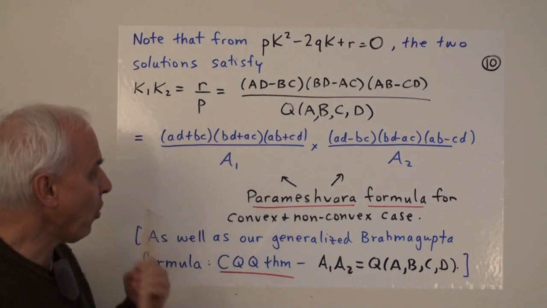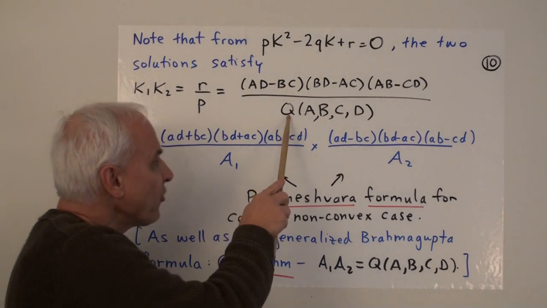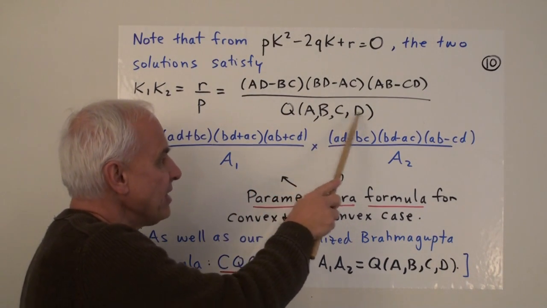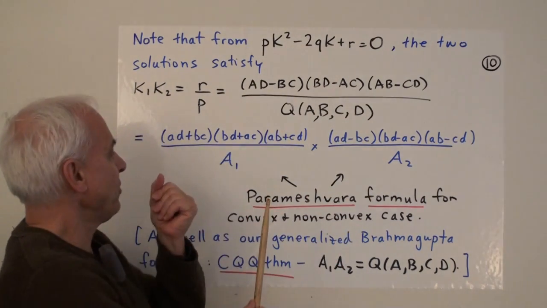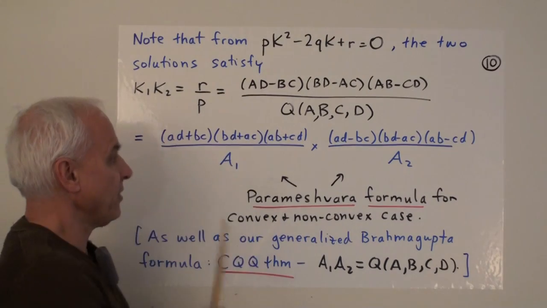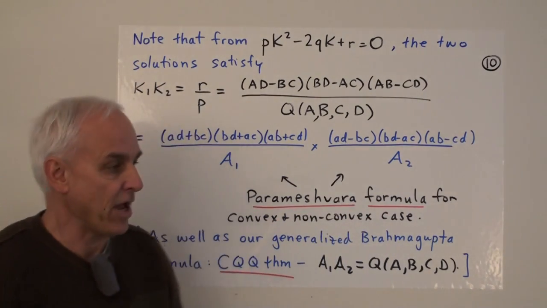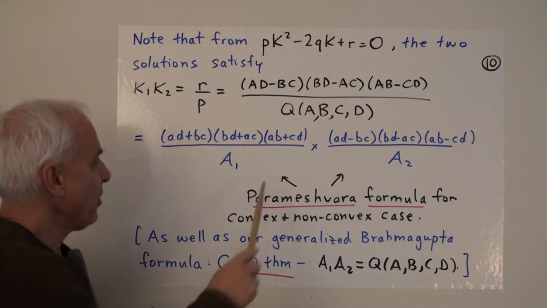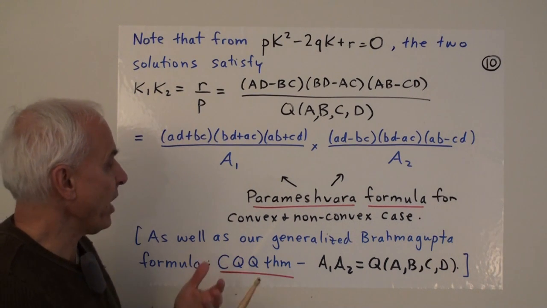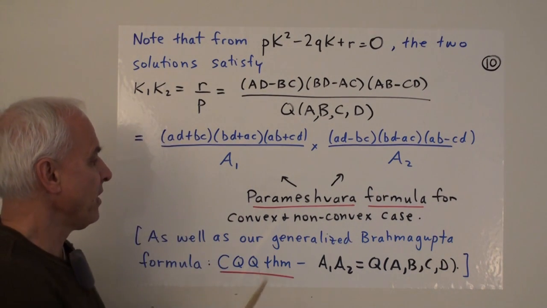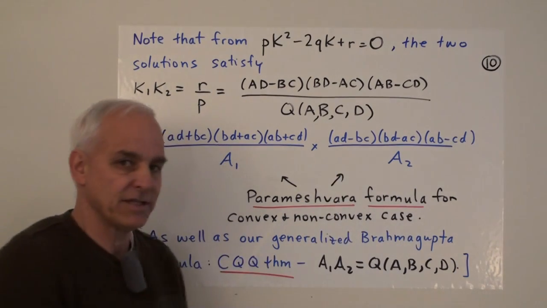And part of that told us that the product of those quadrias is going to be exactly this quadruple quad function applied to A, B, C, and D. So we can take this term and separate it into the quadria of the convex quadrilateral times the quadria of the non-convex quadrilateral. And when we do that, we see that this is exactly the formula for the R squared, or the K1 value for the Parameshvara formula in the convex case, and here it is for the non-convex case.